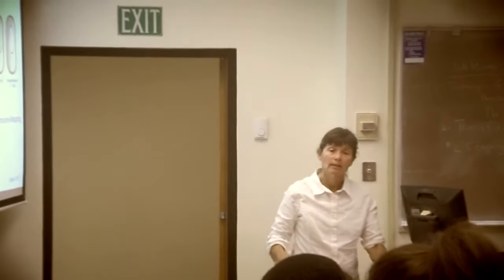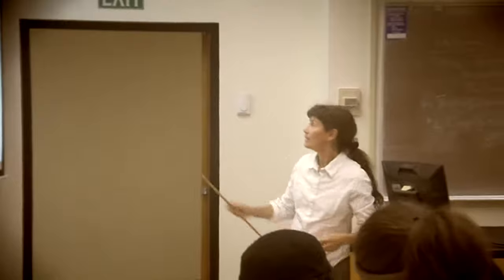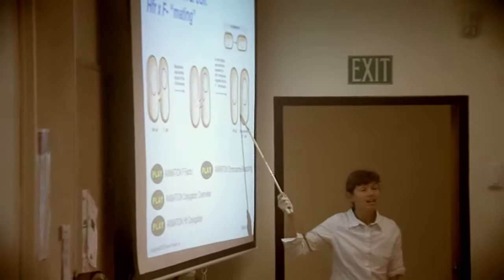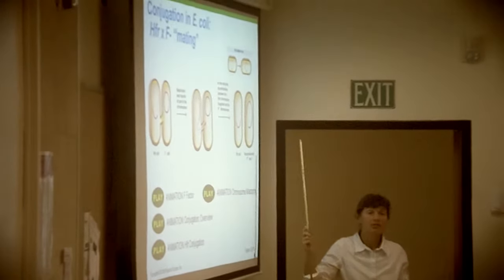Since it doesn't acquire or become F positive, could it recombine with, say, another? It could. Yeah. Excellent, right? Because the recipient remains a recipient. She can conjugate with another HFR donor that maybe has a different version, an allele, of genes.